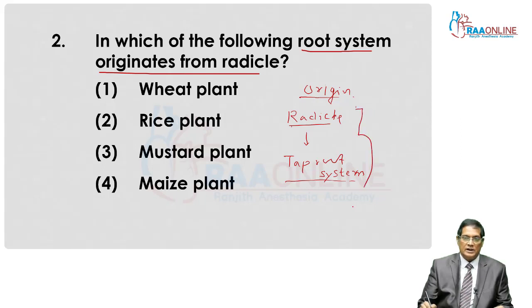And if the root originates from any part of the plant except the radicle, that is, if the radicle is not responsible for the origin of root, in that case the type of root is adventitious.